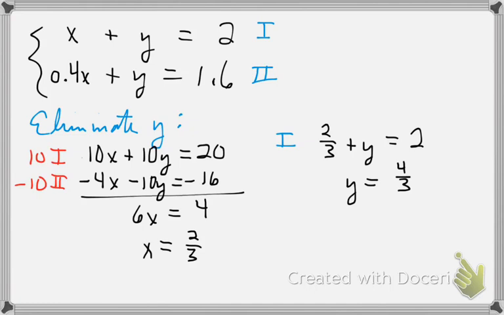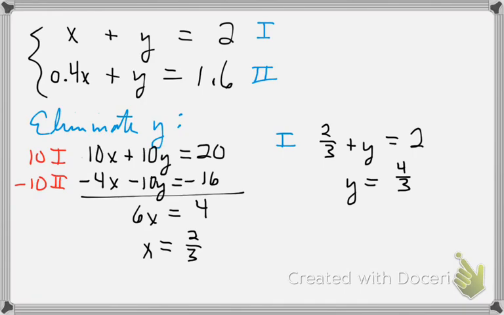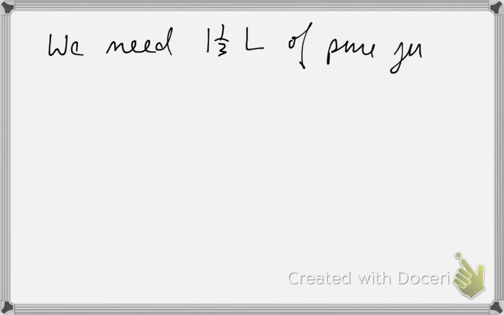All right, so the question here is actually just asking how much of the pure apple juice do we need? And in our case, that was represented by y. So we need 1 1/3 liters of pure apple juice.